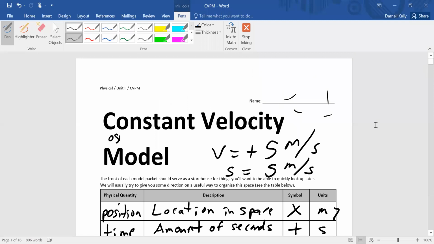So we have just introduced this concept of constant velocity. Constant velocity means the slope of your position time graph is constant. Therefore, the velocity is constant.